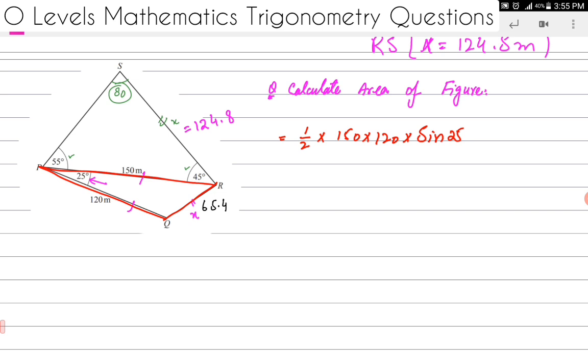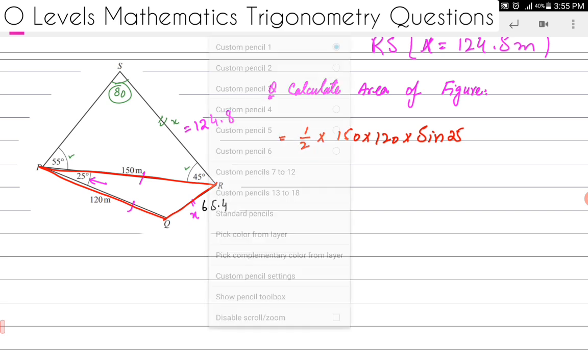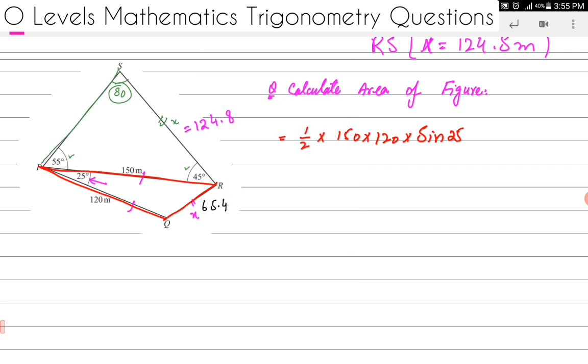Also we need to find the area of the second figure, that is S, R and P. Now you see we have two sides and their included angle is given. So plus, it's going to be 1/2 into 150 into 124.8 into sine of theta, that is equal to 45.